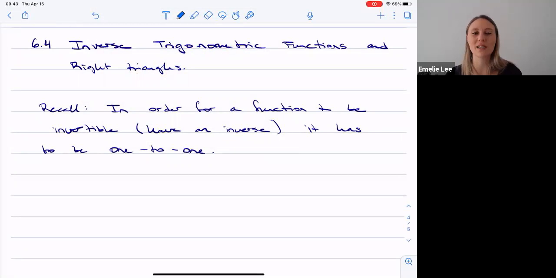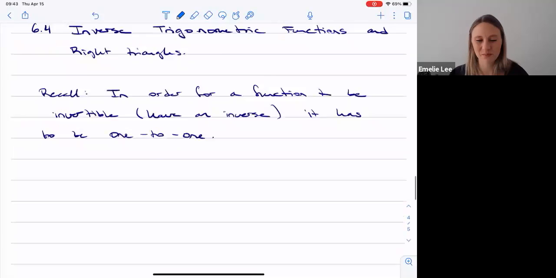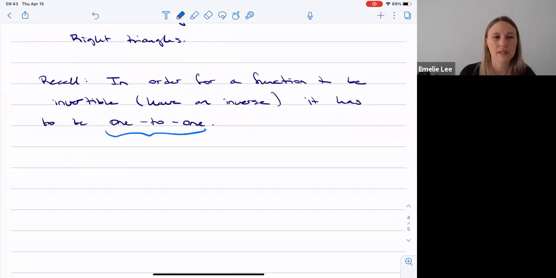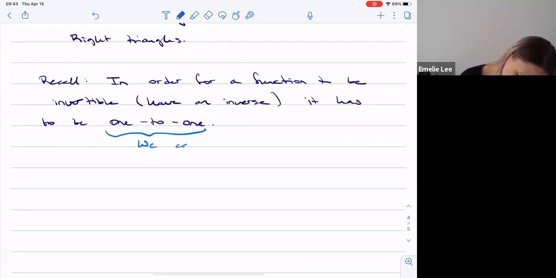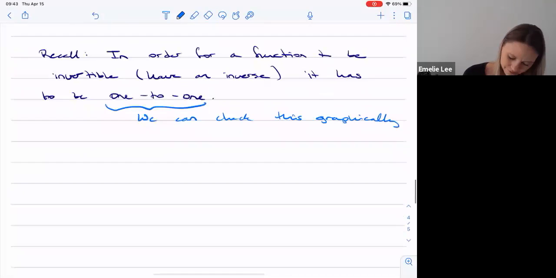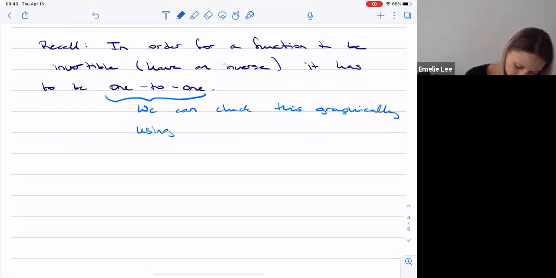We can check it by using the horizontal line test, right? We didn't go into it. We can prove it mathematically as well, but I'll leave that for calculus maybe if you need it then. It's pretty fun to do, but don't worry about it. Okay, so we can check this graphically using the horizontal line test.